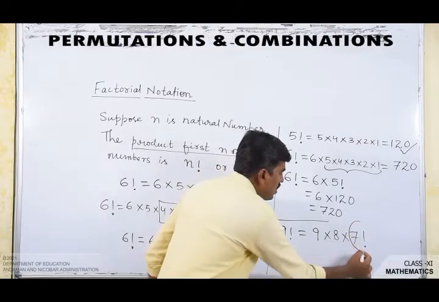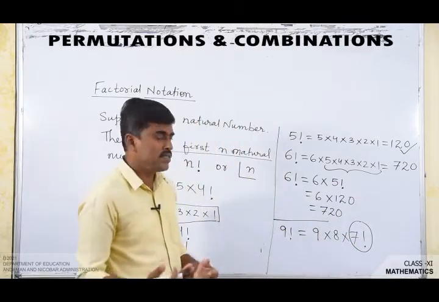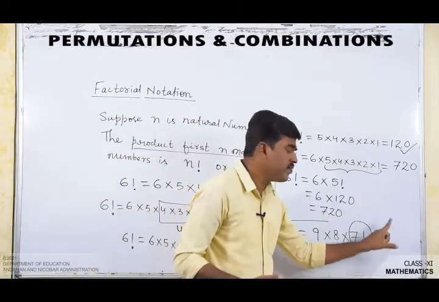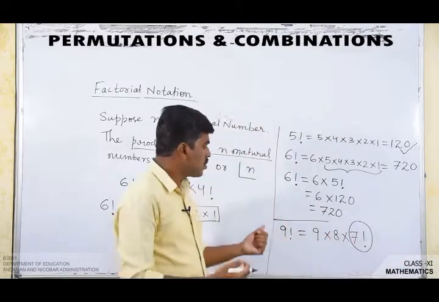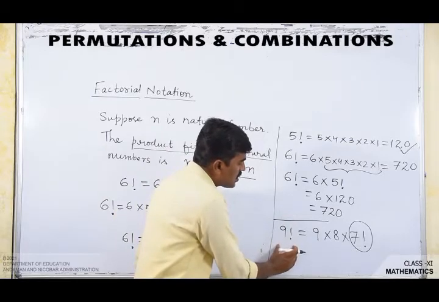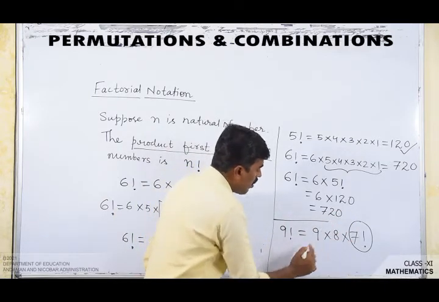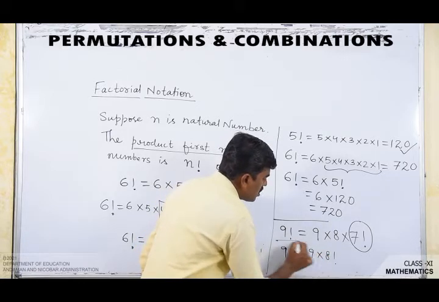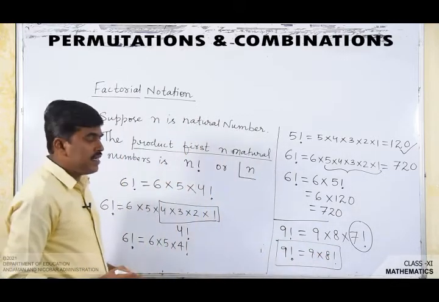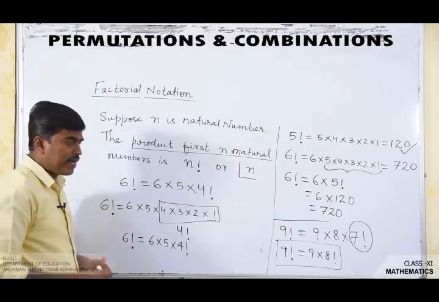So if we expand this 7 factorial, we will get 7 into 6 into 5 into 4 into 3 into 2 into 1. So that is 7 factorial. So this 9 factorial can be expressed as 9 into 8 into 7 factorial, or this 9 factorial can also be written as 9 into 8 factorial. So in this way we can write any factorial for natural numbers.